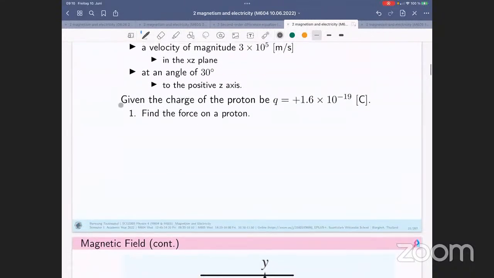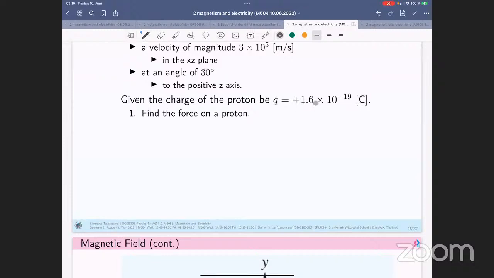And given the charge of the proton, of course, it's a positive charge, right? So you can see it like this, 1.6, but actually it's not exactly 1.6. For simplicity, at our high school level, we're going to use exactly 1.6.